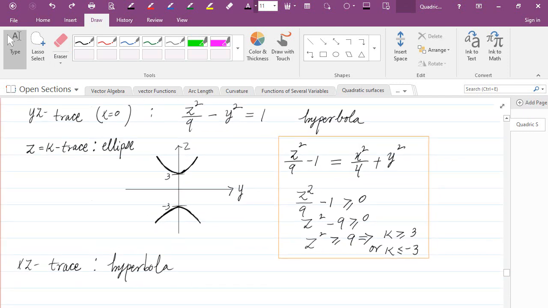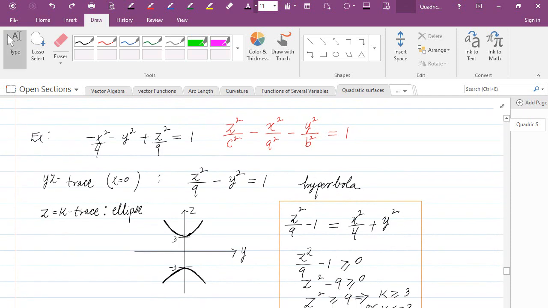Now, why did I do that? Because we're looking at the traces in z equals k, but the trace would be empty when k is between negative 3 and 3. So we get a trace in these planes when k is above 3 or k is below negative 3.